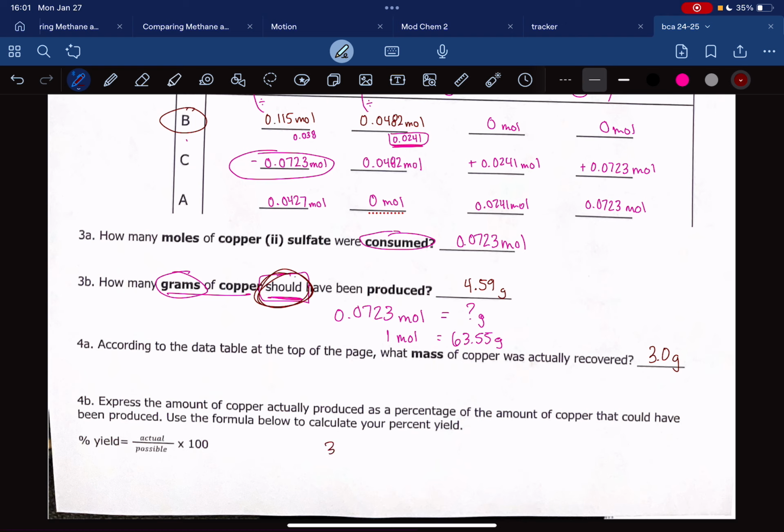All right, so then quick percent yield calculation. We can do 3.0 grams. That is our actual amount, actually recovered from our data table, right? And we'll divide that by our possible. That is what should have been produced, our theoretical yield. And that we said was 4.59 grams. Divide those two numbers, then multiply by 100.